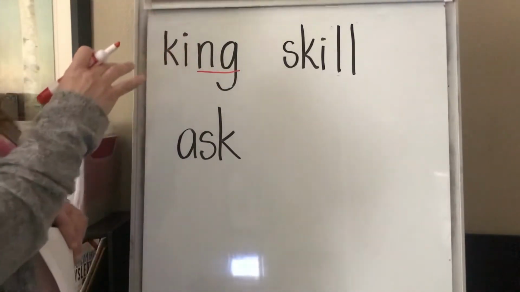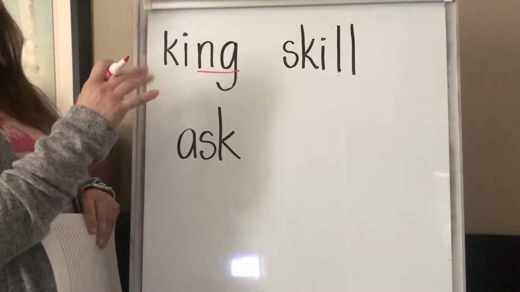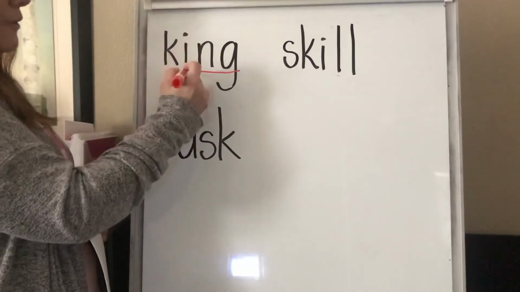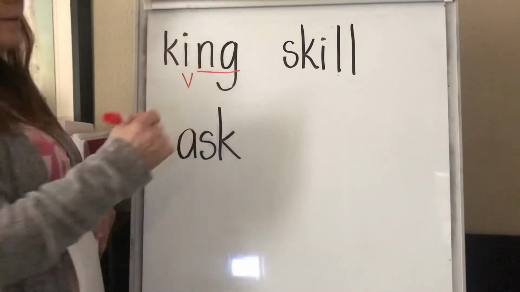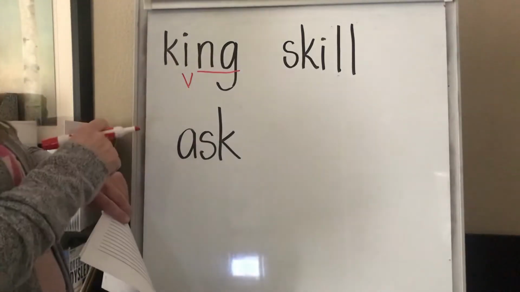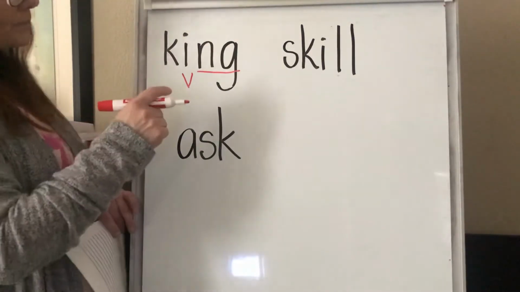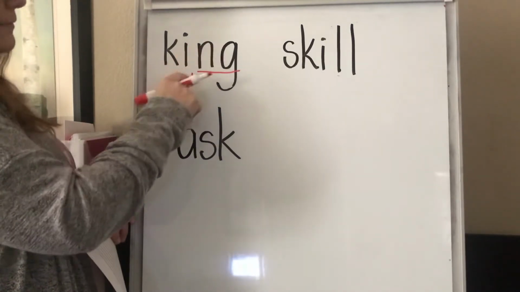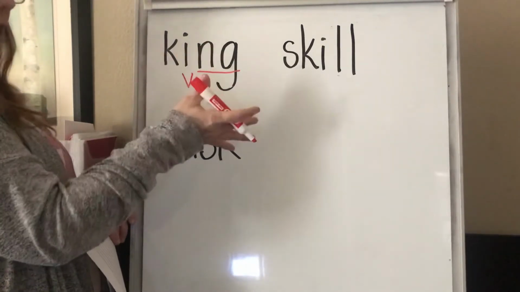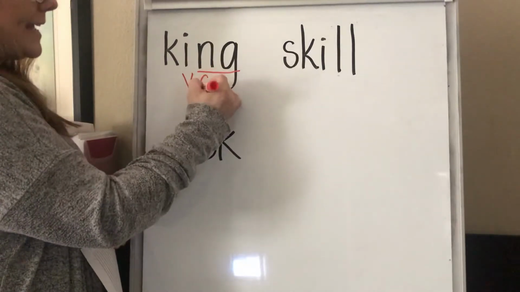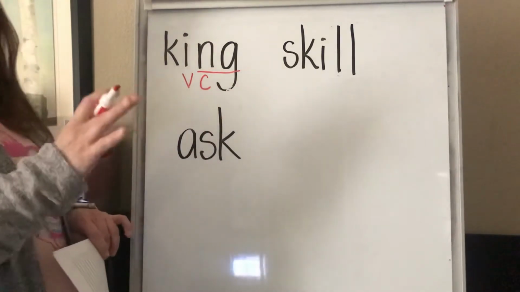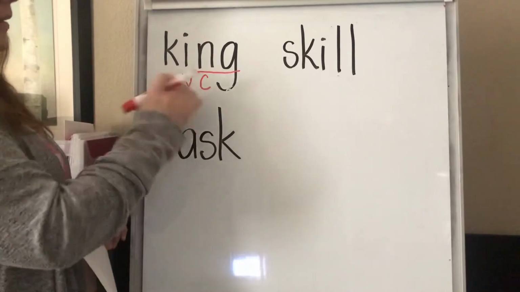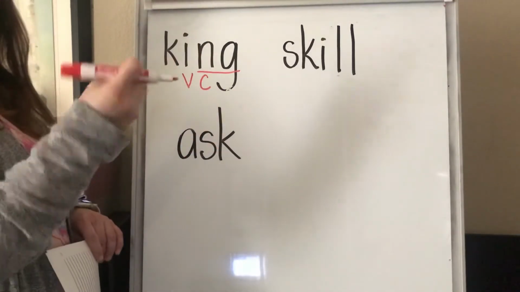So let's focus first on the vowel that we find. We have the letter I, so we're going to label that with a V like we have before. The letters N and G follow the I, so we know that's a consonant, and we want to label that with a C. Remember, anytime a consonant follows a vowel, it closes the door on that vowel, which makes it short.